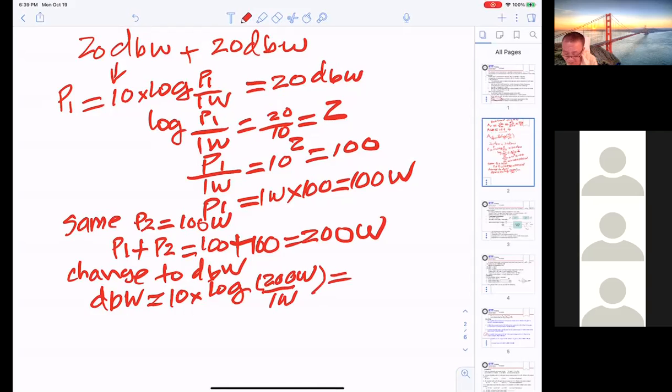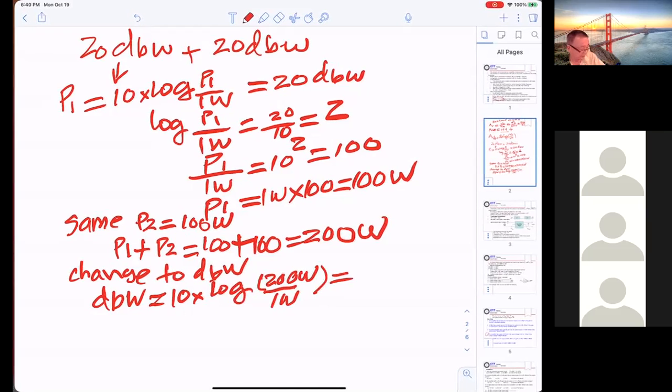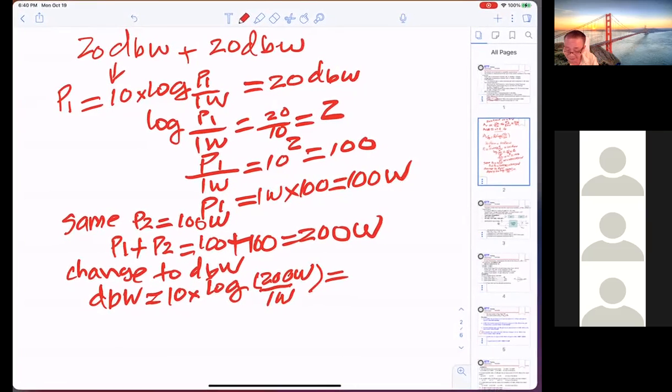Okay, so what do you get? You take the log of 200, right? And multiply it times 10. Okay, so what do you come up with? 23 is the final answer, 23.01.